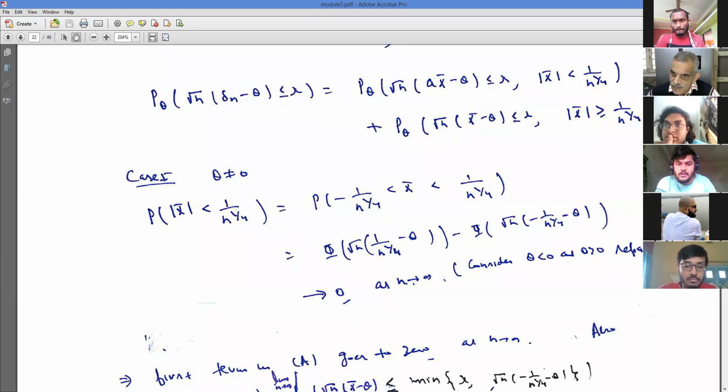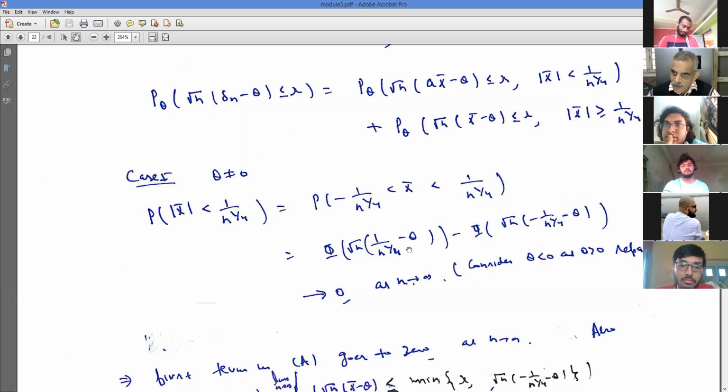And what about this? Same, right? So phi of infinity minus phi of infinity, 1 minus 1, is 0. Is it okay? Similarly, for theta greater than 0, you will look at it. For theta greater than 0, where does this go to?